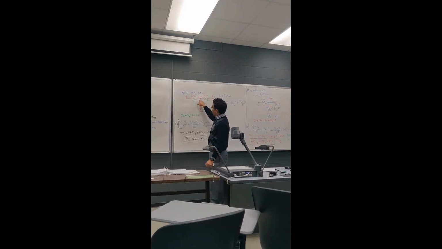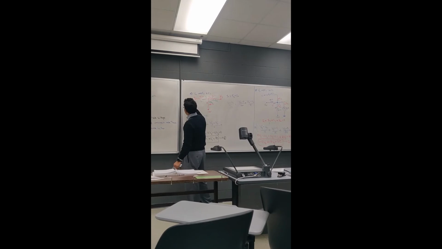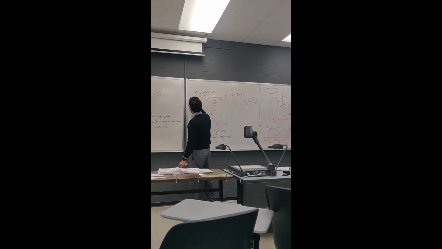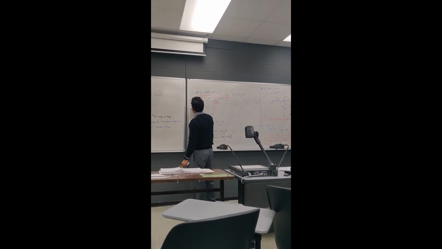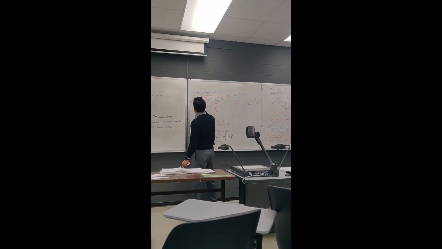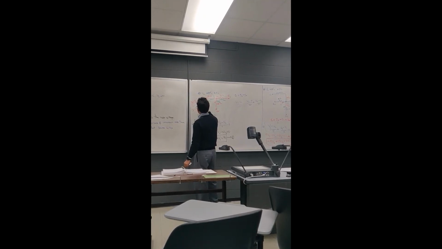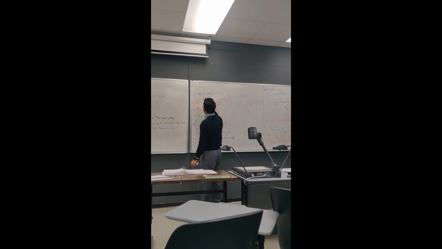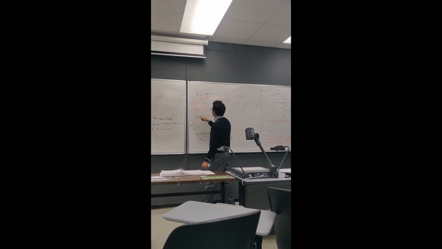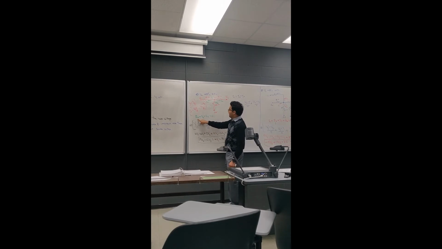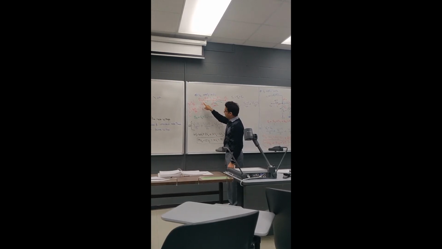IA is nothing but Ohm's law. According to Ohm's law, I equals V over R. So I can write it as VAB over R, which is VA minus VB over R. By using this principle, IA I can write as V2 minus V1 over 15.